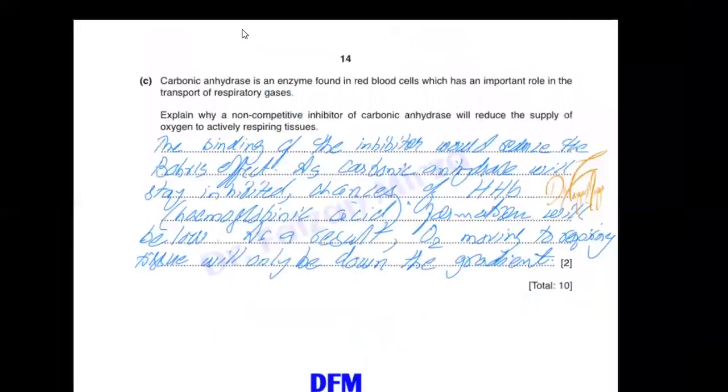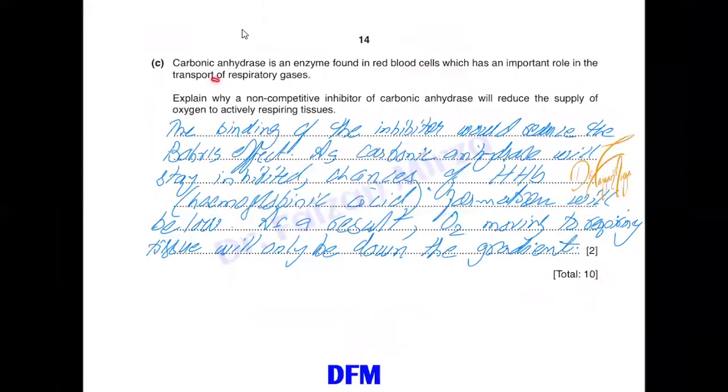Carbonic anhydrase enzyme is found in the red blood cell, which has an important role in transporting respiratory gases. We know the function. You can just recall what carbonic anhydrase was doing in your cells. Explain why a non-competitive inhibitor of carbonic anhydrase would reduce the supply of oxygen to the actively respiring tissue. The binding of the inhibitor would reduce the Bohr effect.